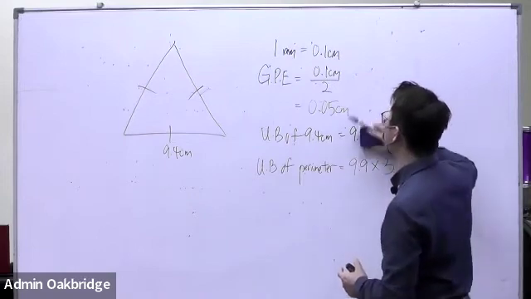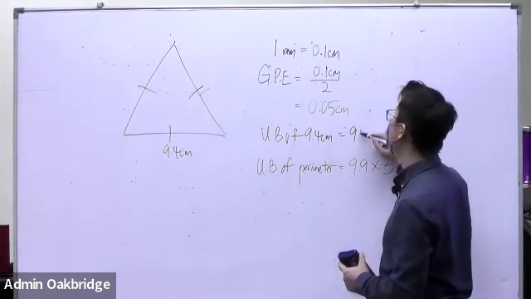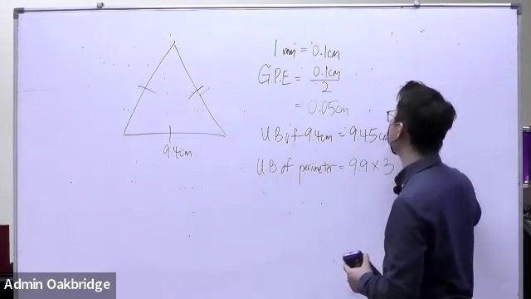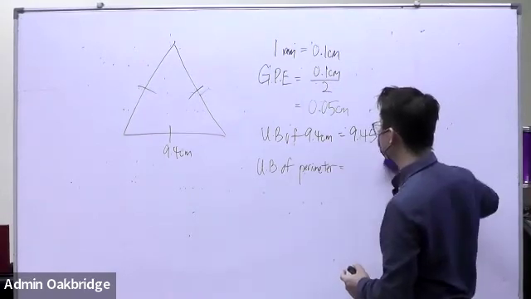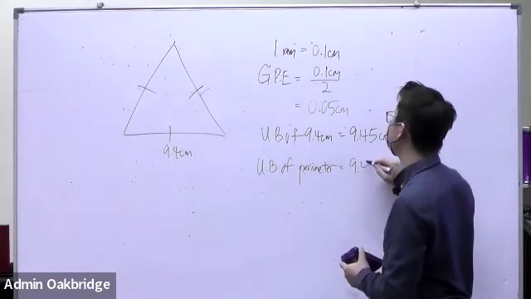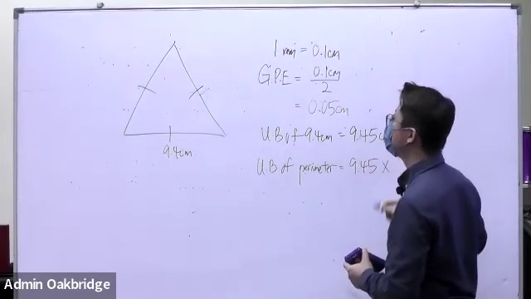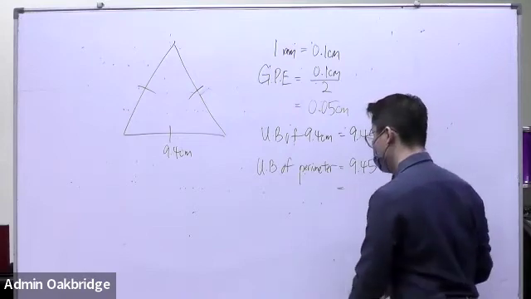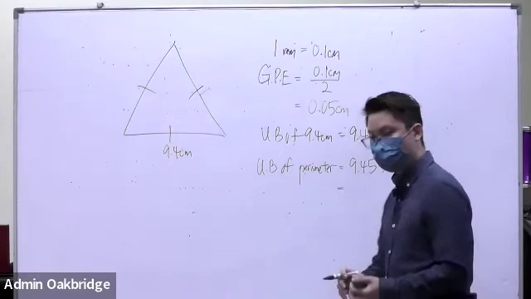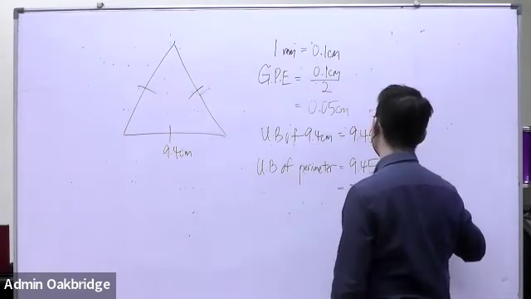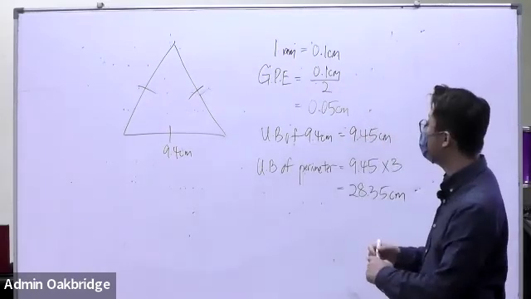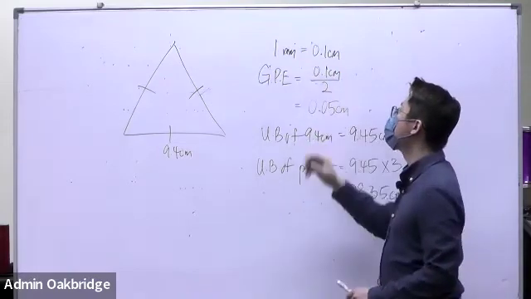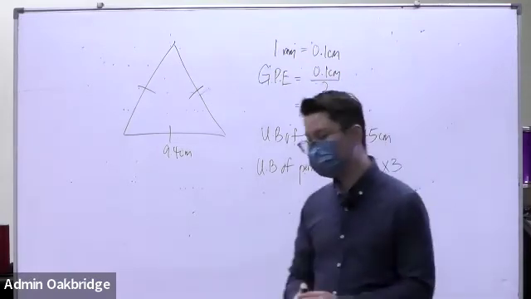So this is not correct. 9.45 cm. So this is 9.45 times 3. Then you will get the correct answer. All right, understand this one. Be careful with the unit here because these two are different in unit.